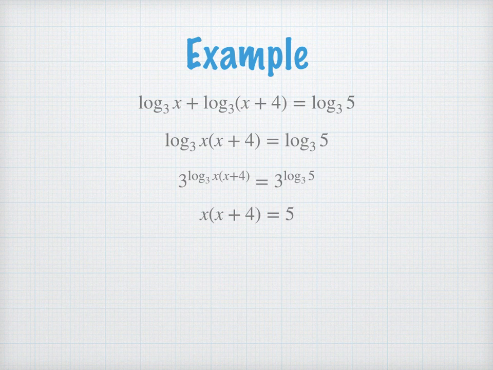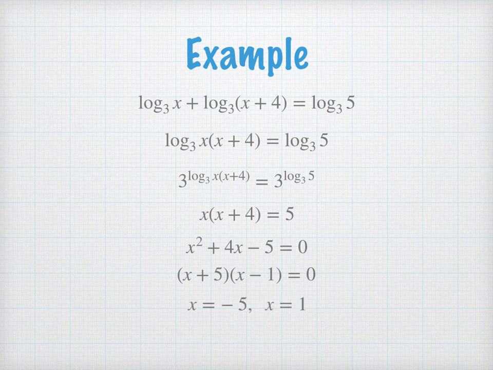Go ahead and multiply and then move everything to the left-hand side, and you'll have x squared plus 4x minus 5 equaling 0. And then try to factor that. It factors pretty quickly. We have x plus 5 times x minus 1 equaling 0. Set each factor equal to 0, and we have x equals negative 5 and x equals 1.